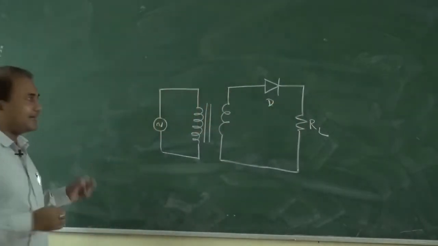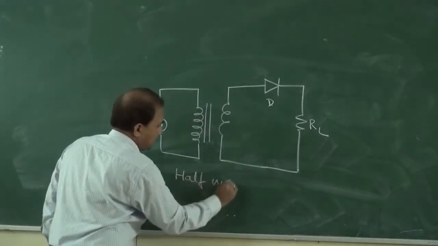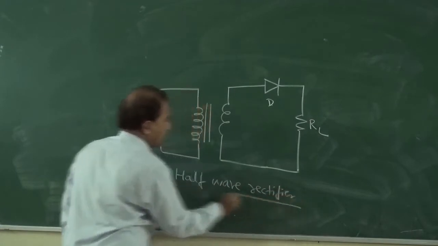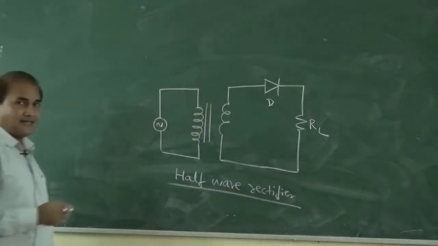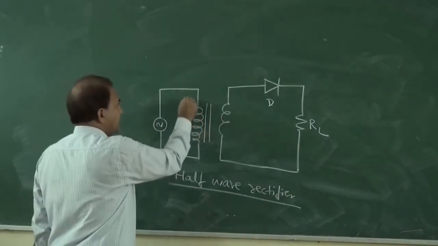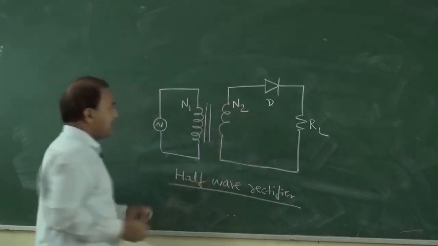This is the circuit diagram of a half wave rectifier. In this circuit, here is a transformer having turns ratio N1, and this is N2.